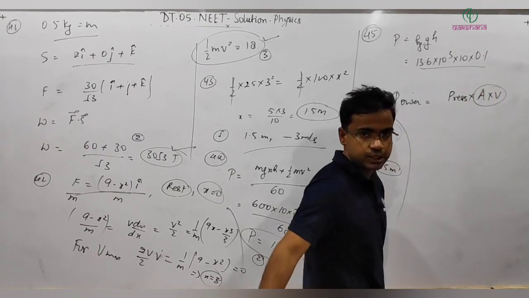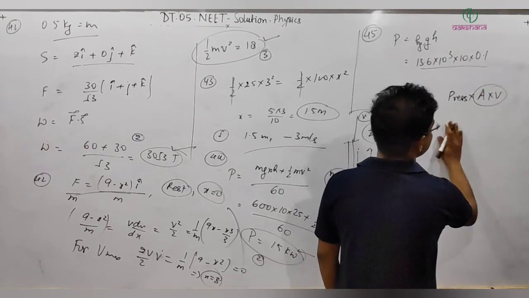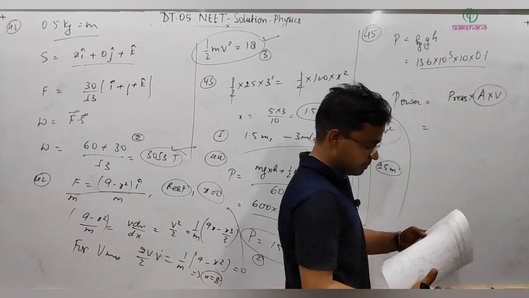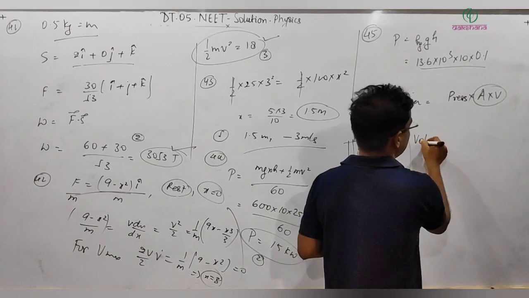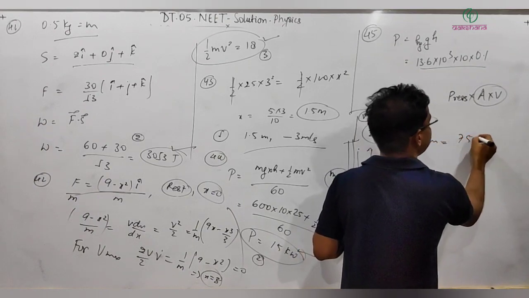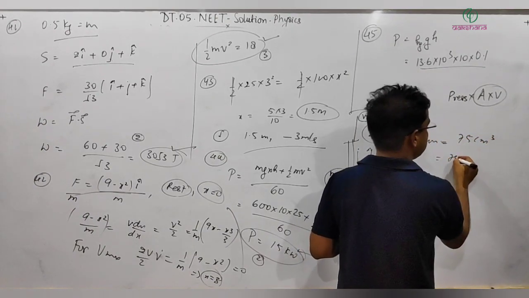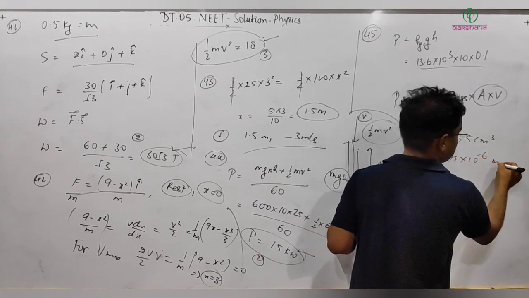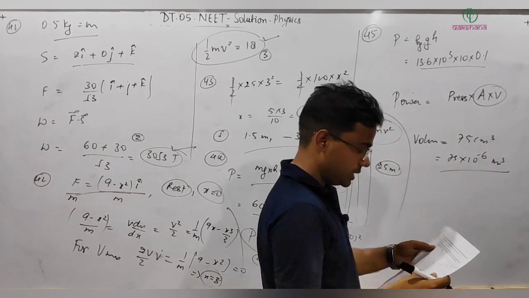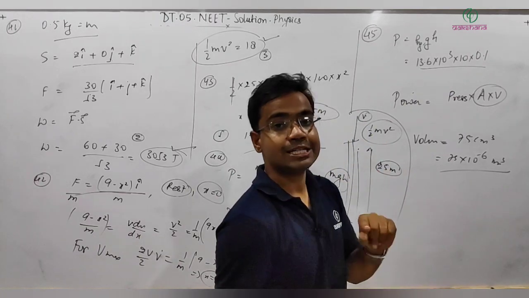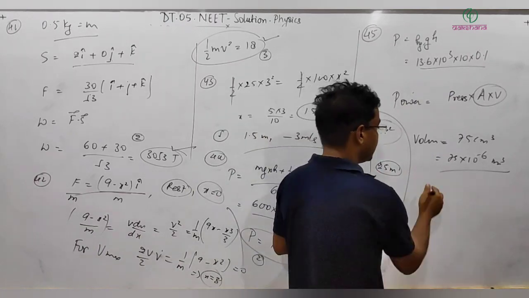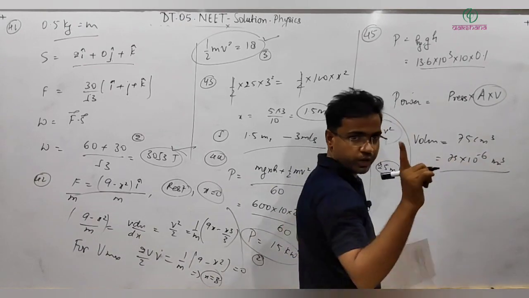that is your volume flow rate. It's pumping 75 centimeter cube of blood, so volume is 75 centimeter cube, that is 75 into 10 to the power minus 6 meter cube in SI unit. In 1 minute 75 beats are there, and this is the volume of 1 beat.